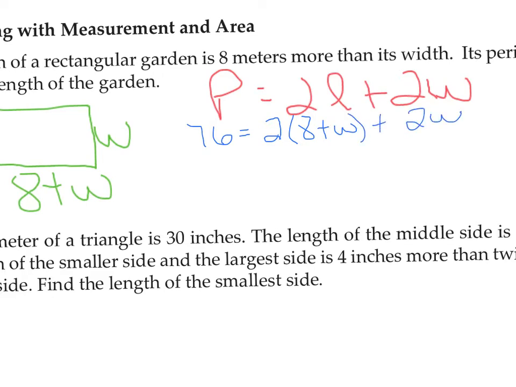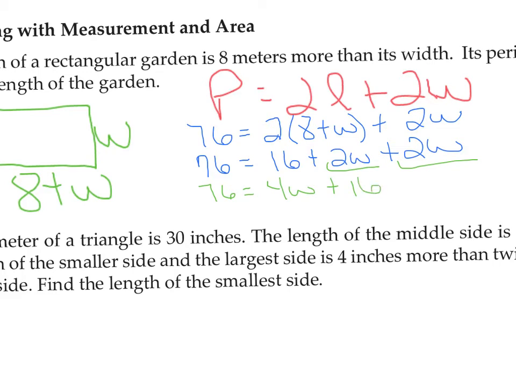We're going to simplify and solve. So using distributive property here to get rid of the parentheses, we have 76 equals 16 plus 2W plus this 2W here on the end. Okay, we have like terms here, the 2W's. So 76 equals 4W plus 16.